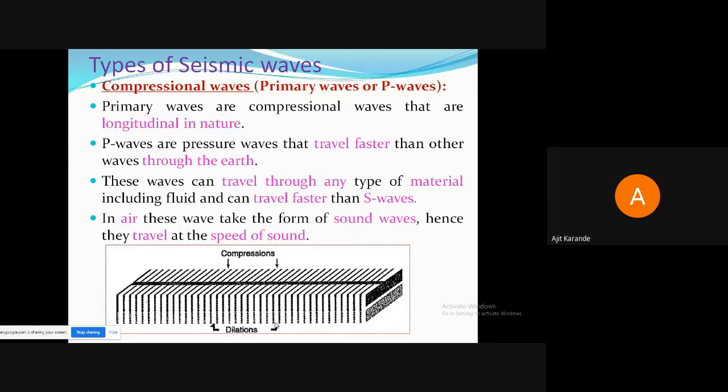they cause structures to move in the vertical direction.